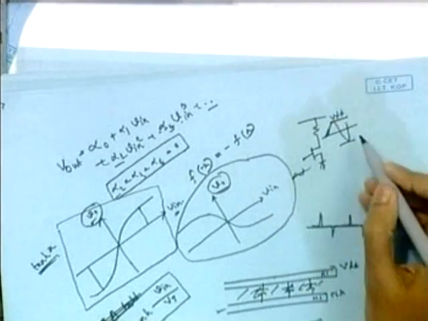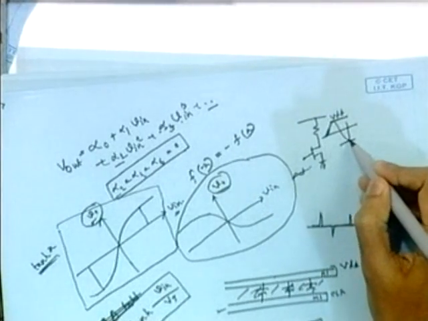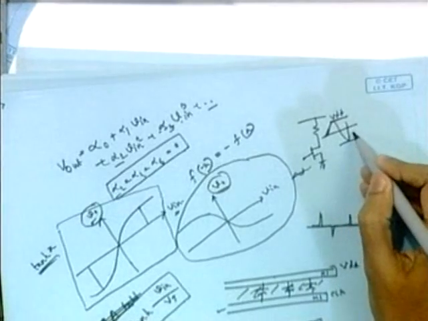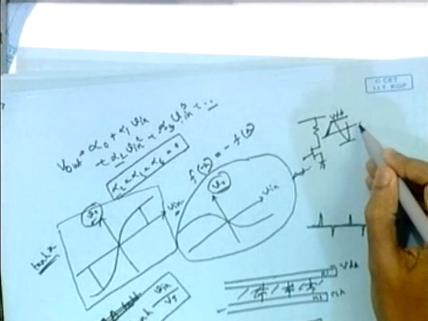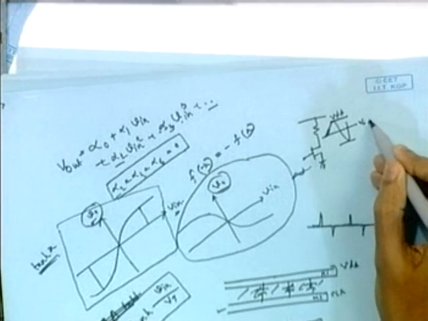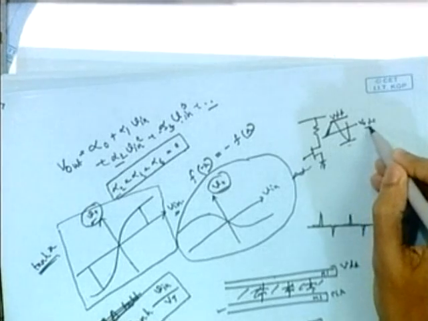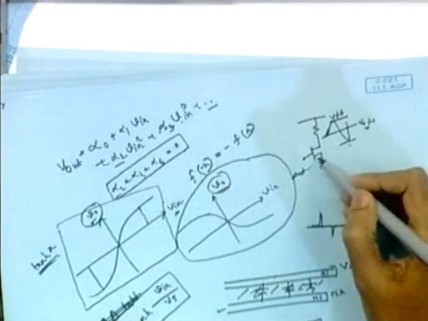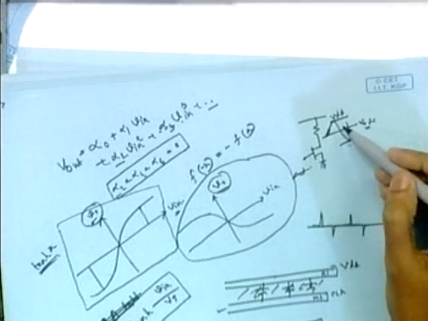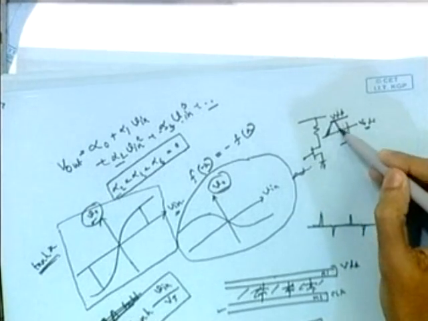This is our input. The output should be one VTH less than this. Suppose the output DC is V out DC. The minimum voltage it can go is one threshold voltage less than this, otherwise it will enter into the triode zone. So that is the maximum swing we can have.